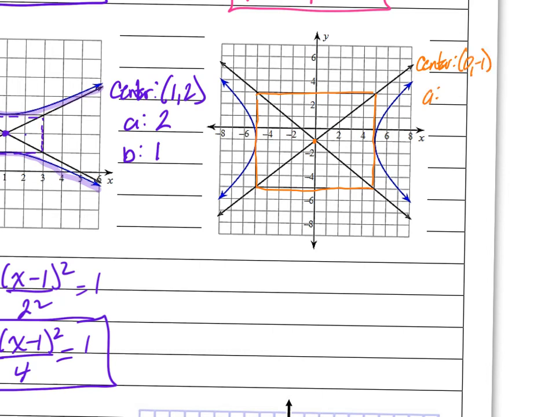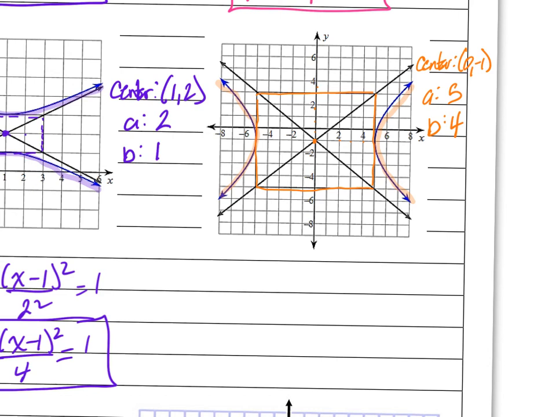And A is at 1, 2, 3, 4, 5. And B is at 1, 2, 3, 4. Okay, so here we go. So I've got, oh, and it's opening. Which way is it opening? Well, it's opening horizontally, so that means x is first.